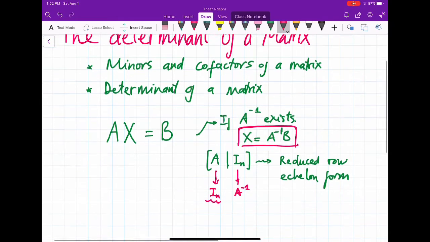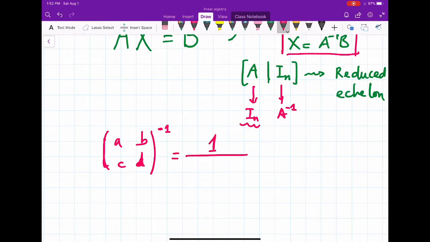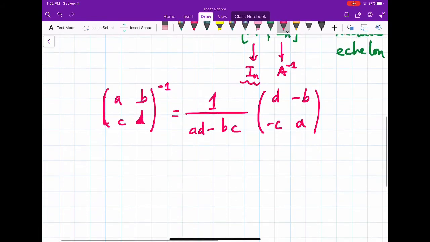The second motivation is this. When we study the inverse of 2 by 2 matrices, we have a, b, c, d. We know that if this matrix has an inverse, then that inverse looks like 1 over ad minus bc, times the matrix d, negative b, negative c, a.